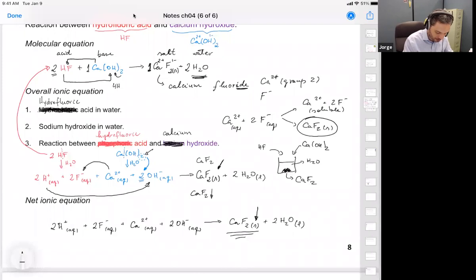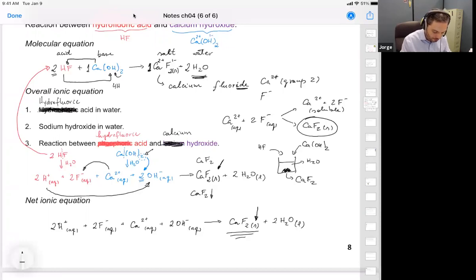You have H plus here, but no H plus on the other side, therefore it cannot be canceled. Fluoride, F minus. You don't have F minus on the right side, therefore it cannot be canceled. So that's why it's showing up in the net ionic equation.